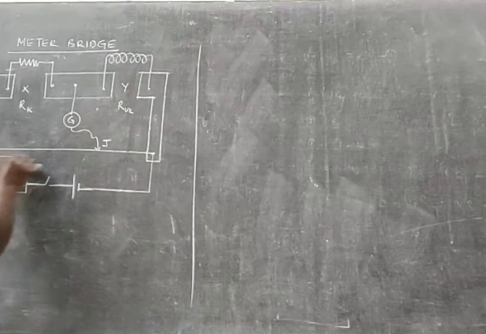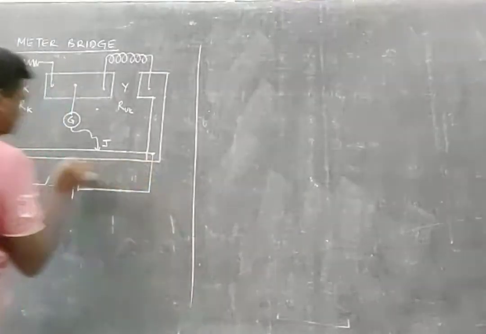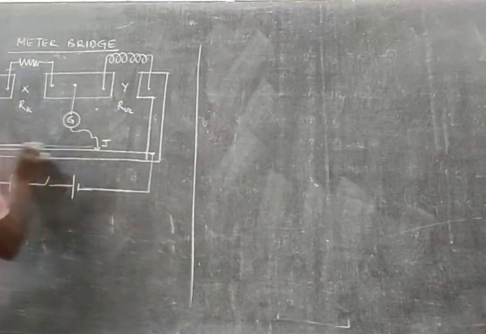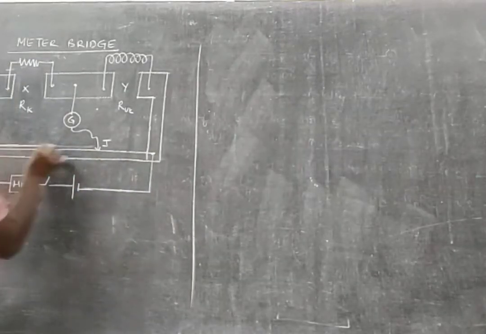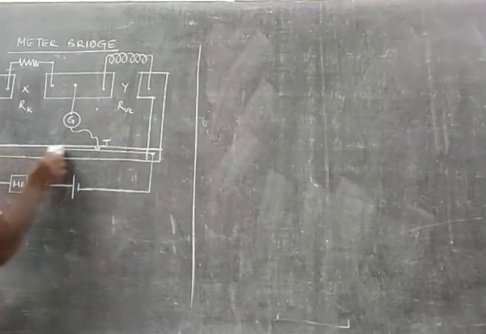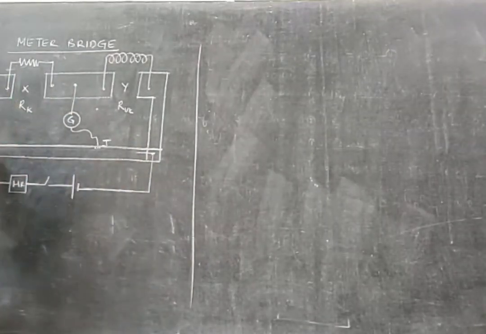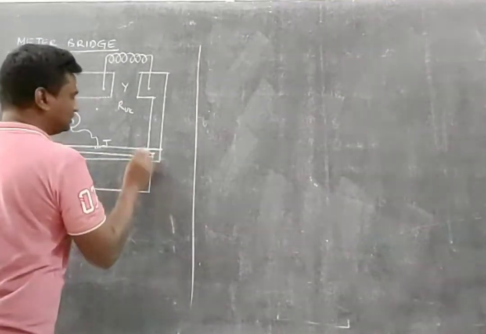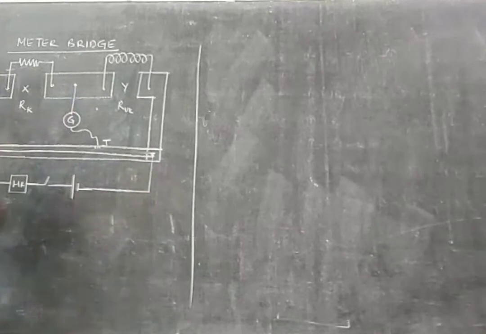A meter scale is attached to the wire. Okay, so this is the meter scale. Hence this bridge is called meter bridge. So this is the Nichrome steel wire. Right?